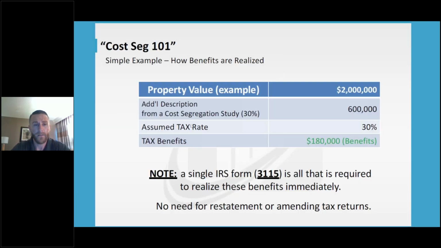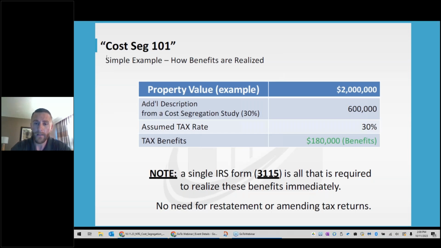So this is a quick breakdown, a very easy example of cost segregation. You look at the total value of a $2 million asset, and at the 30% cost segregation range, that $600,000 is what we would pull out from cost segregation.